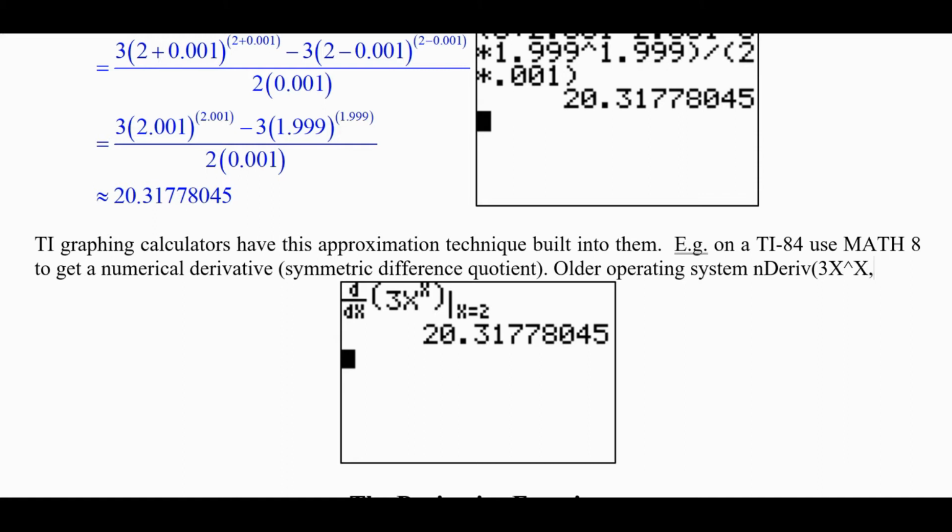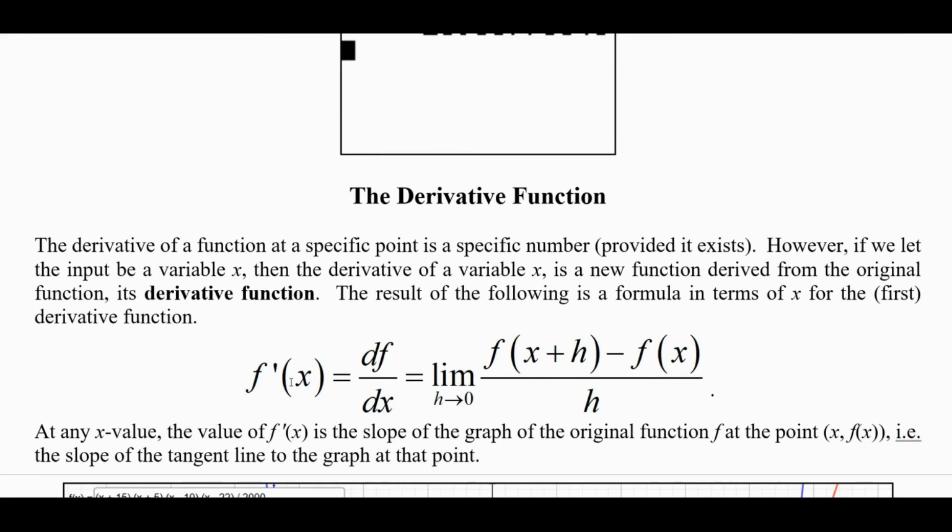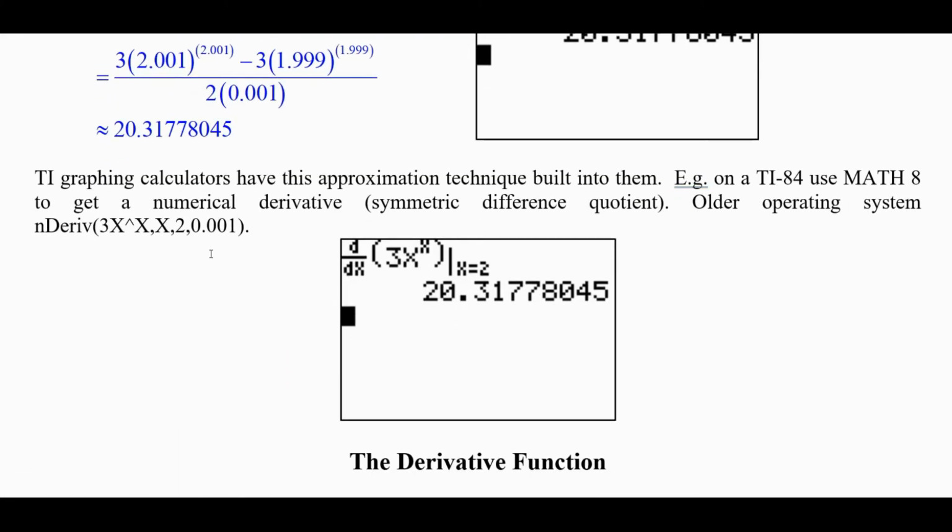You put in the variable x, you put in the x value, and then optionally you can put in the h value. By putting in a smaller h value, you can possibly get a better answer. It defaults to 0.001 if you leave that off.